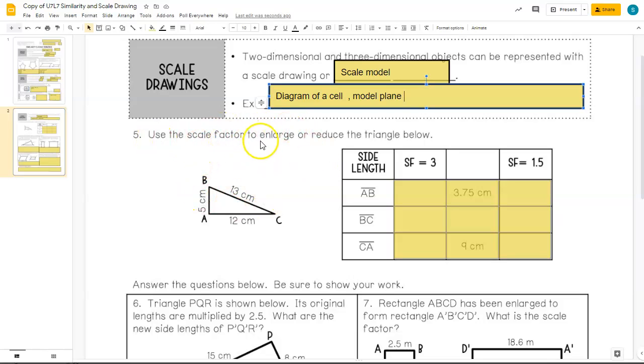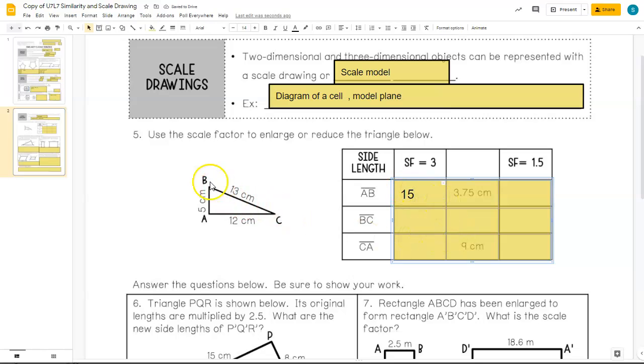So, use the scale factor to enlarge or reduce the triangle below. So, if this is the original, right, and we want a scale factor of 3, so the new one is going to be bigger. Side AB, it's going to be 3 times as big. 5 times 3 is 15.